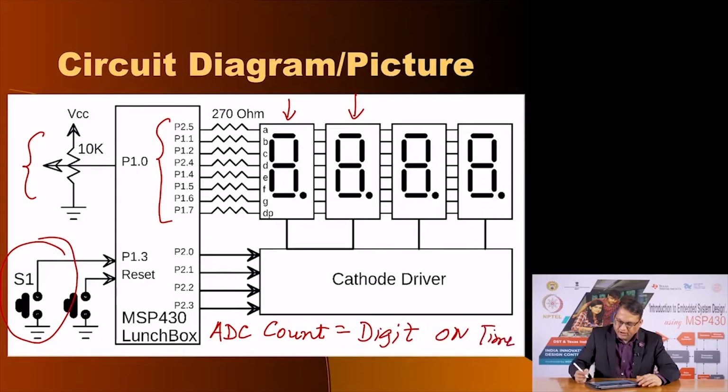So, if the ADC count is 1, that would mean that each digit will be on for 1 millisecond. And so, 1 millisecond, 1 millisecond, 1 millisecond, 1 millisecond to the last digit, again it will come back.